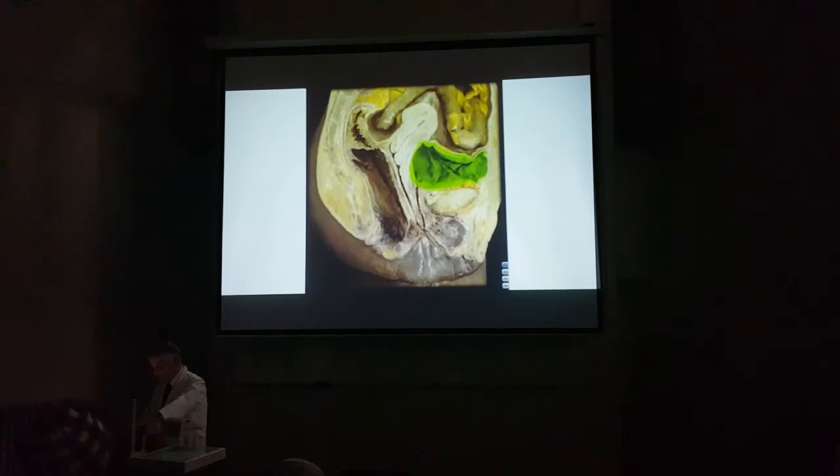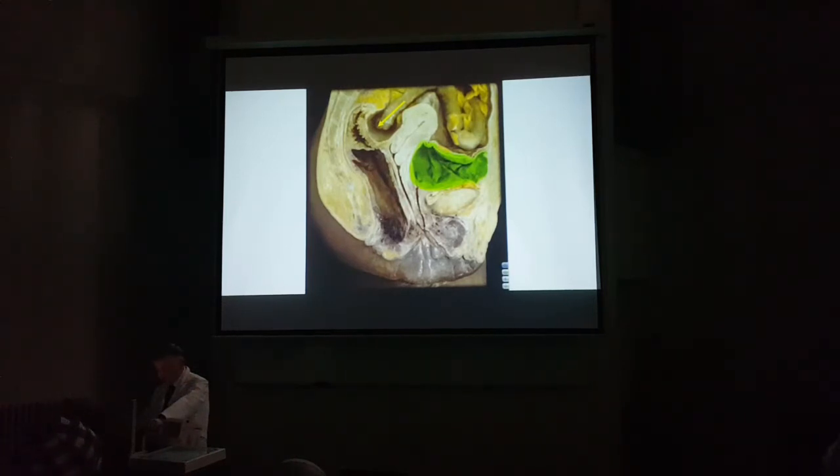Lower down in the pelvis, the peritoneum covers the organs and makes pouches as well. This is a case of a female because this is the uterus. This is the urinary bladder. This pouch between the uterus and the rectum is called the pouch of Douglas.